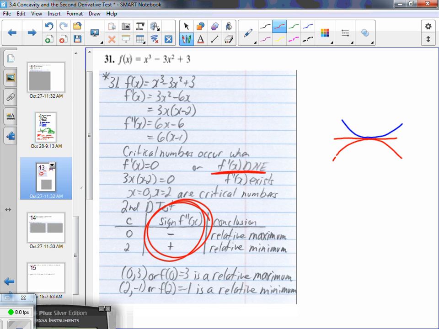It also doesn't work if your second derivative turns out to equal 0 at one of your critical numbers. Because 0 is not positive, 0 is not negative, so again, we're not able to reach a conclusion. And then as a practical matter, don't use it when it's just so hard to get the second derivative that you're going to screw it up anyway.